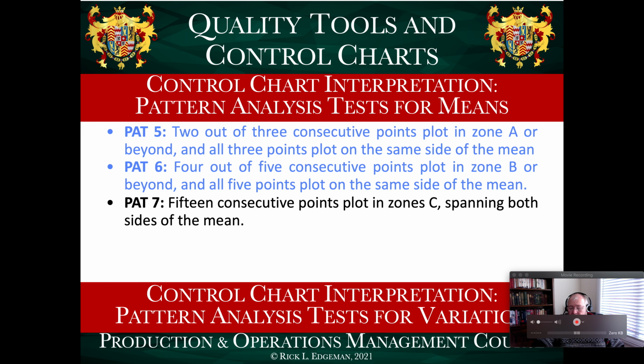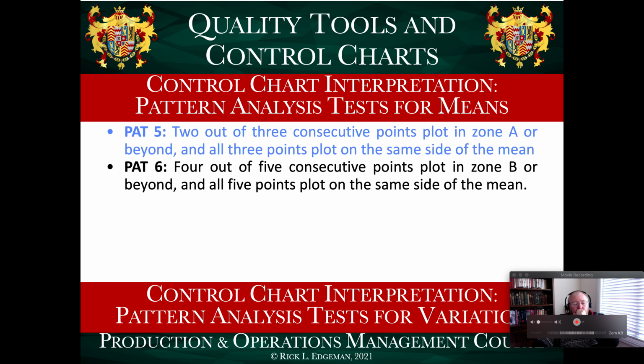Pattern 6 is similar, but it's a little more subtle, a smaller change. That's why it took 5 points to emerge. So 4 out of 5 consecutive points in zone B or beyond, all 5 of the points on the same side of the center line, or the mean.